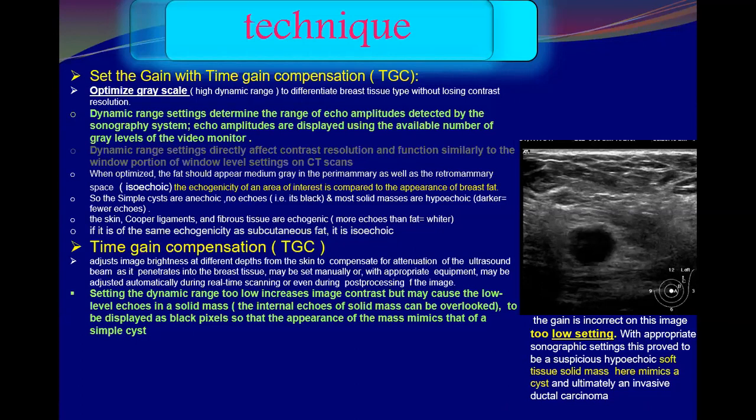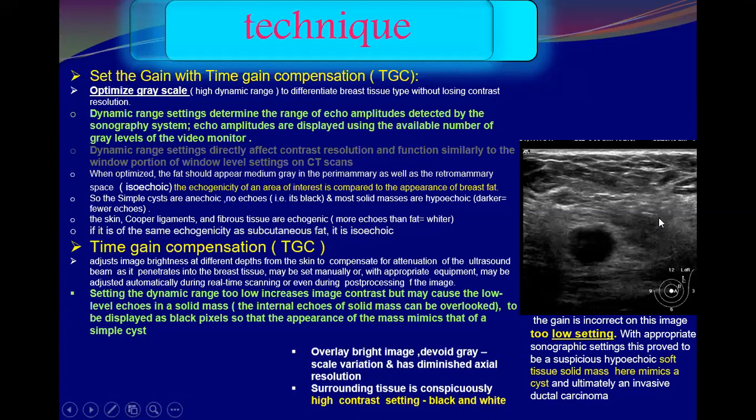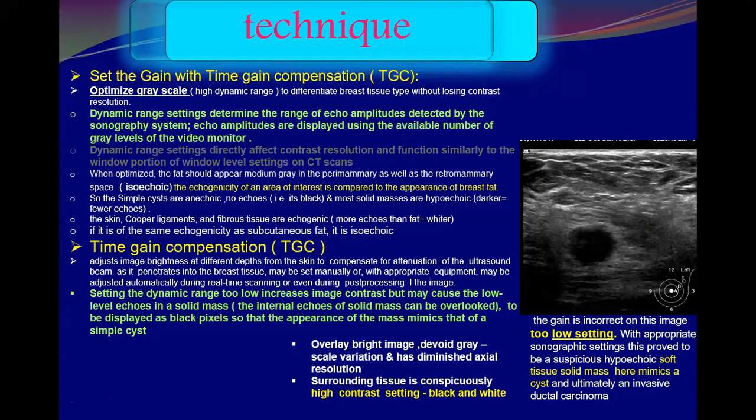How do we understand the gain is too low? It is the reverse for the contrast. Look at the contrast, the difference between the fat and Cooper ligaments; everything looks black and white. The overlying image is devoid of grayscale variations. There is no grayscale variation, only black and white.